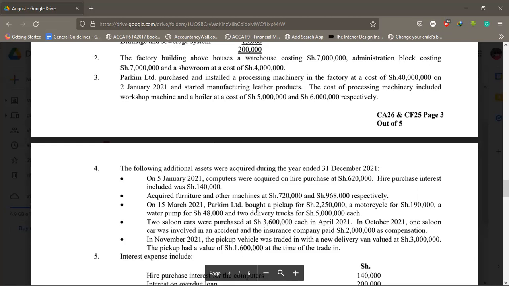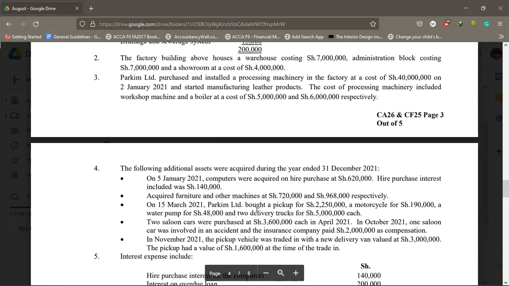Two saloon cars were purchased at shillings 3,600,000 each in April 2021. In October 2021, one saloon car was involved in accident, and the insurance company paid shillings 2 million as compensation.